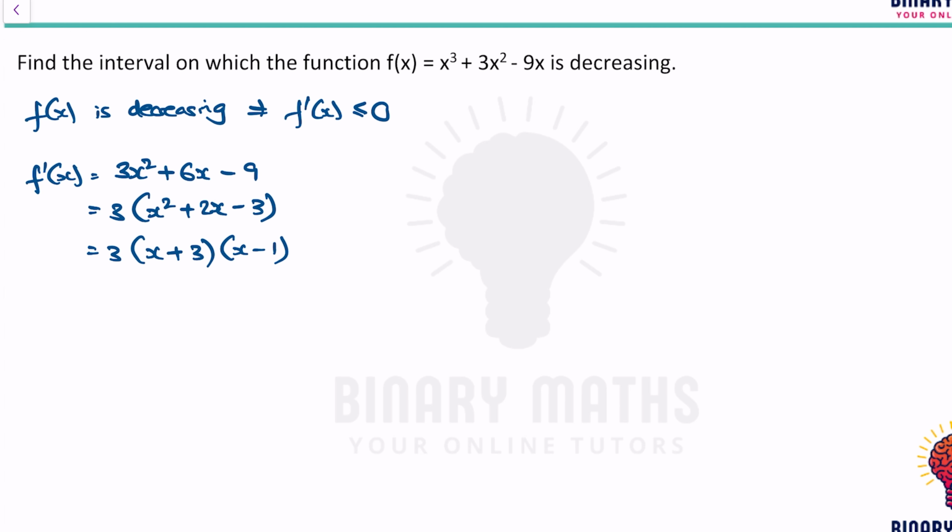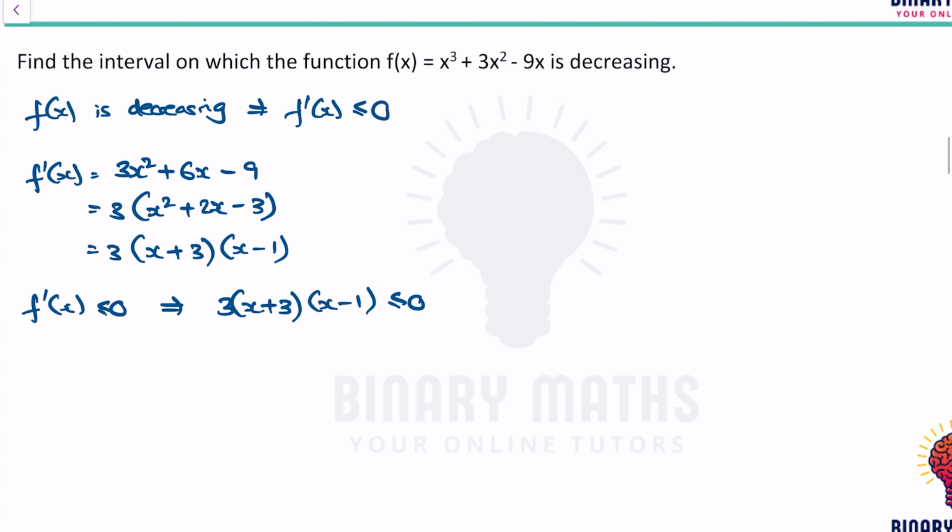So if I were to sketch this out, because we're looking for when f dash of x is less than or equal to 0, which implies 3 times x plus 3 times x minus 1 is less than or equal to 0, then if I sketch this out, it goes through 1 and negative 3. It's a positive quadratic, so it looks like this.